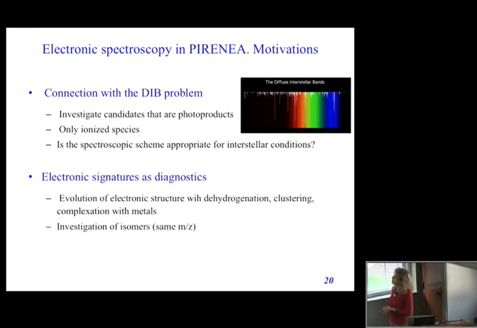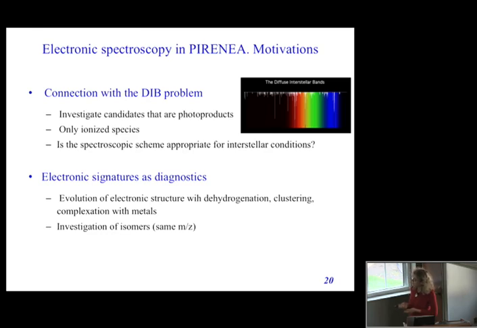And the question is whether the spectroscopic scheme we can achieve in our experiment, which is a multi-photodissociation scheme, is appropriate for interstellar conditions. But we can also use the electronic signature as a diagnostic of the evolution of the structure with the hydrogenation, clustering, and also complexation with metal, which are of interest for us.